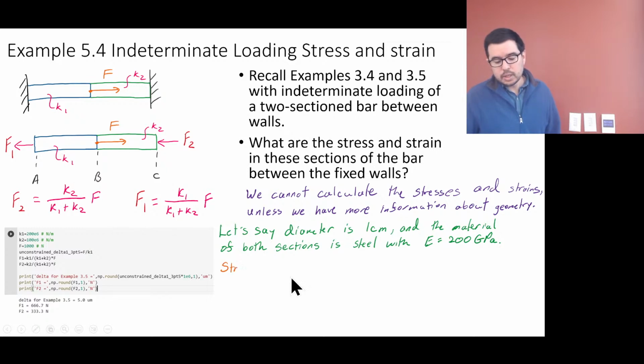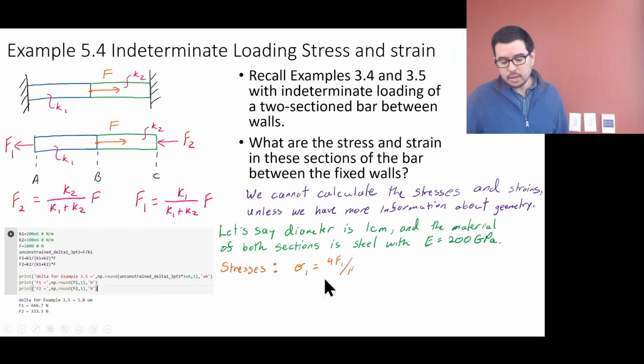So if we know the diameter, we can figure out what the cross-sectional area is, and we can figure out what the stress is. This is taking F over A, pi d squared over 4.